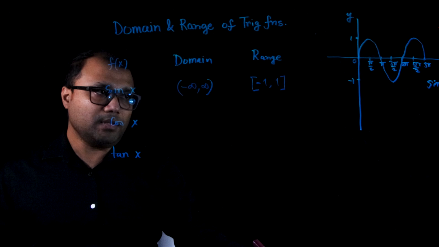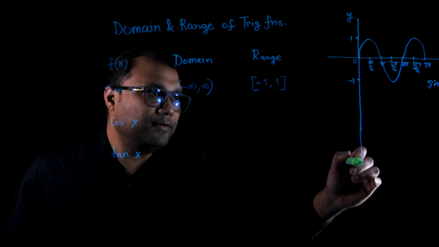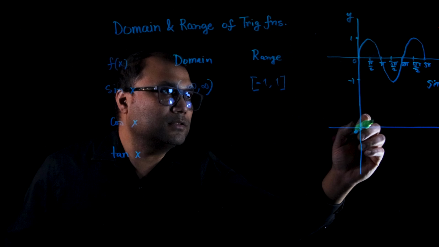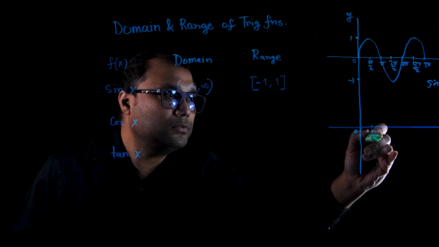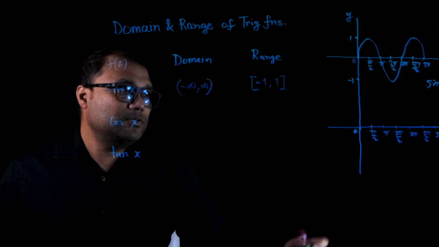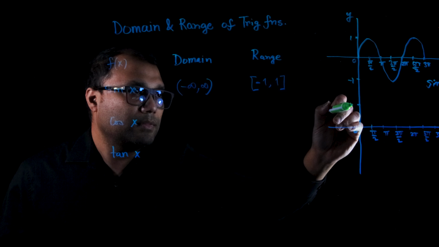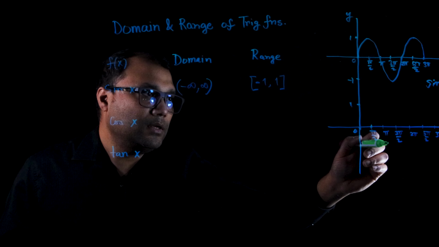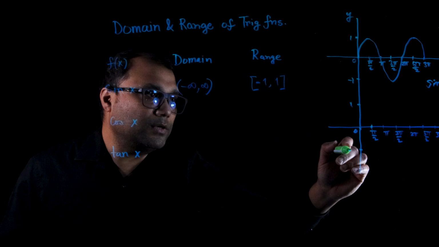Okay. Now let's look at the graph of cos x. Again, this is 0. Now cos 0 we know is 1. Cos pi by 2 is 0. Cos pi is minus 1.